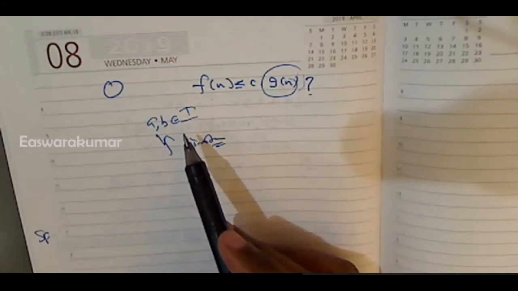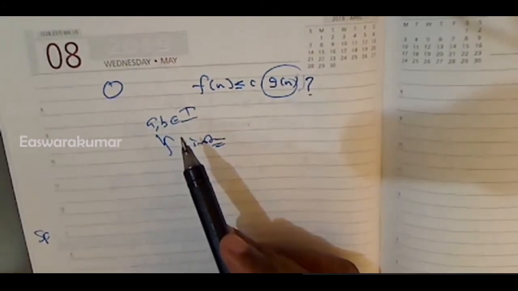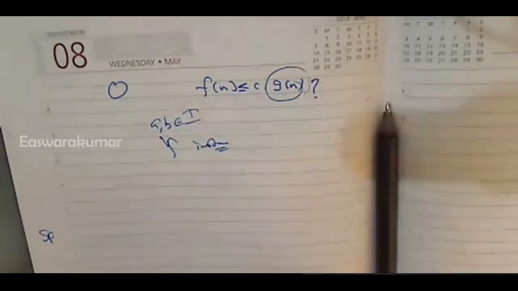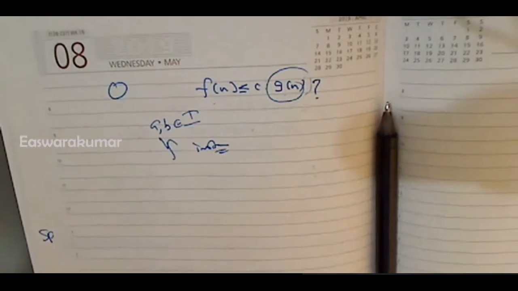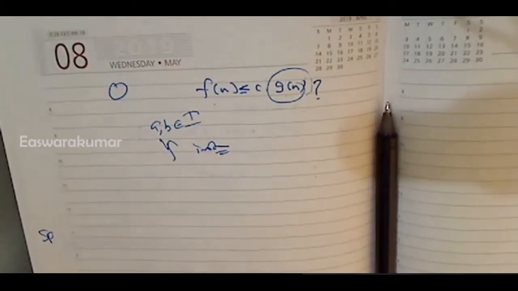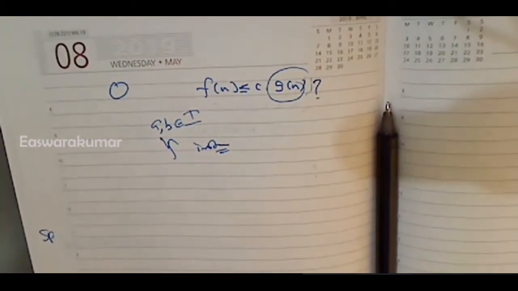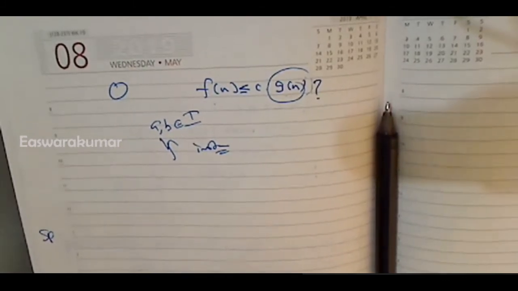Therefore, for the problem, the instances are any two integers, and these instances are derived from the set of integers. So the set of integers is called the domain. Every problem will be defined over a domain. The domain consists of the set of our instances or inputs, right? So from there we are taking.